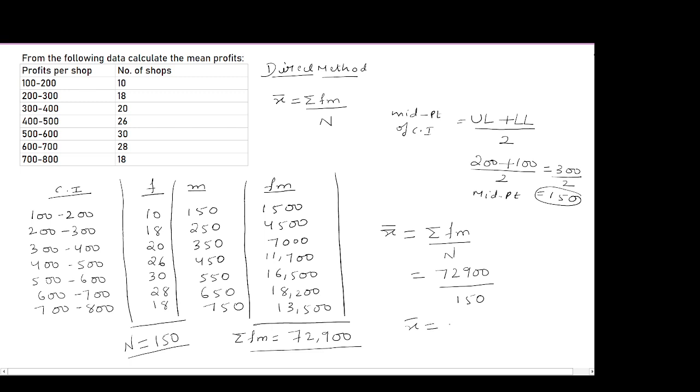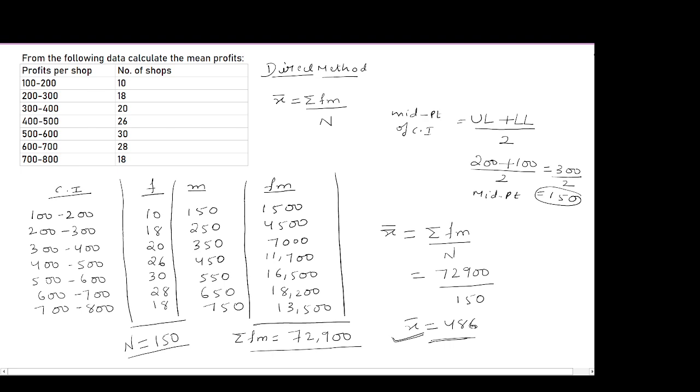Therefore 72,900 divided by 150 is 486. So this is the mean value for calculating a continuous series using the direct method.